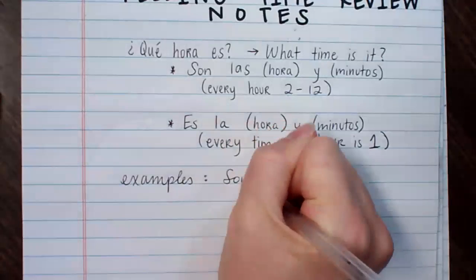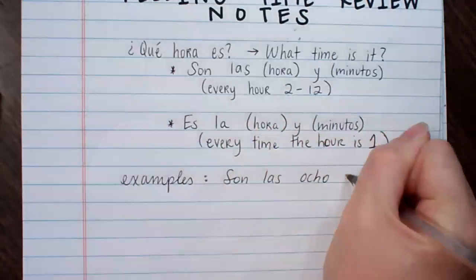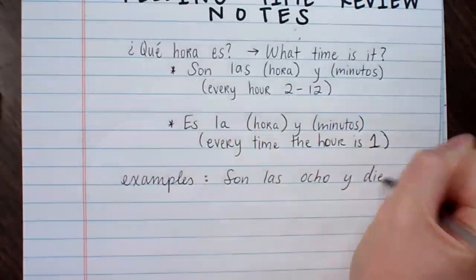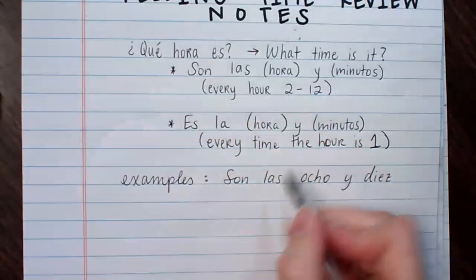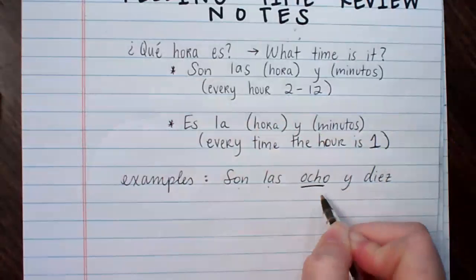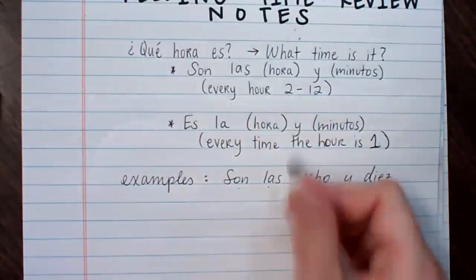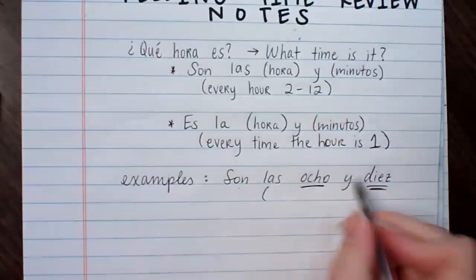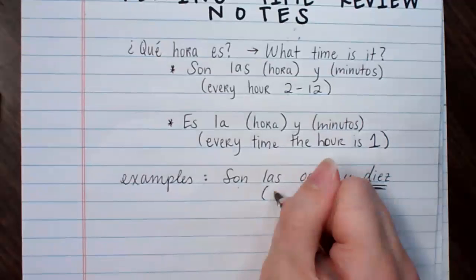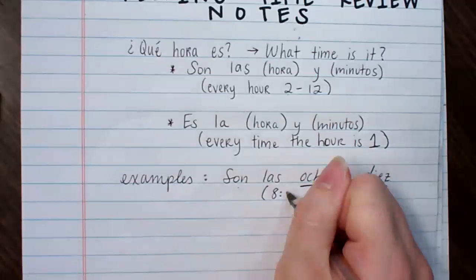So if I say son las 8:10, I have it is the hour and then the minutes. So 8:10, it's going to be 8, and then 10 is 10.